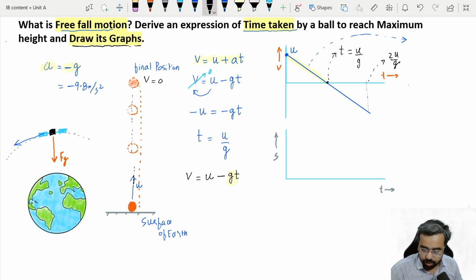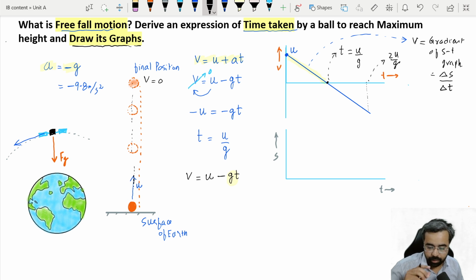And we must remember that velocity is the gradient of the displacement time graph, that is, rise over run. So if the velocity is decreasing, it means we must draw such a curved graph, because only a curved graph will give you the decreasing velocity.